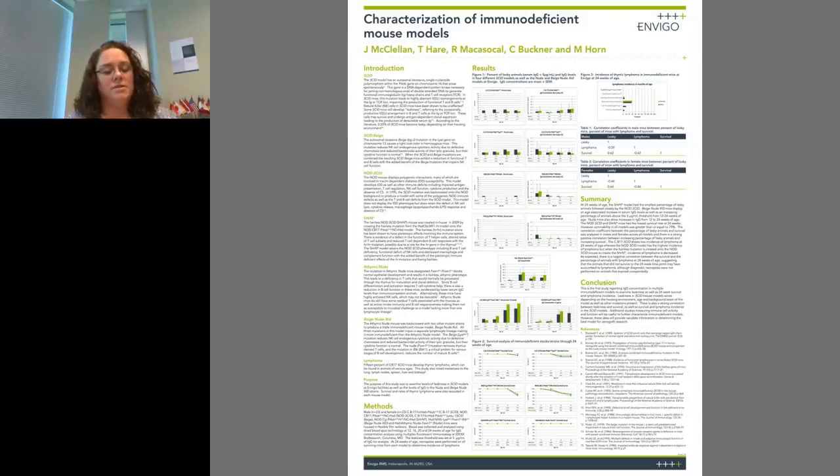So when we're talking about SCID mice, we're talking about a spontaneous mutation in the Prkdc gene that leads to highly aberrant genetic rearrangements that impair the function of T and B cells by not allowing them to generate T cell receptors or immunoglobulins.